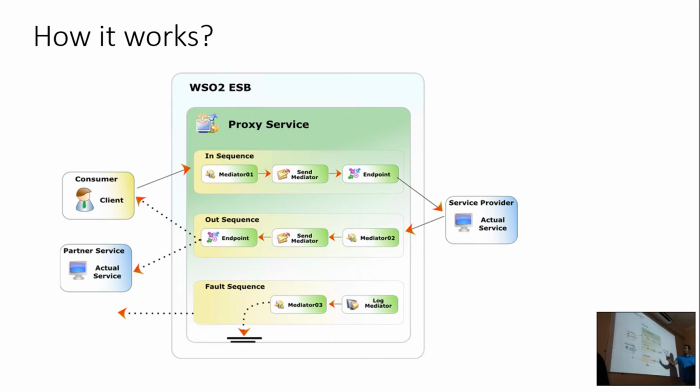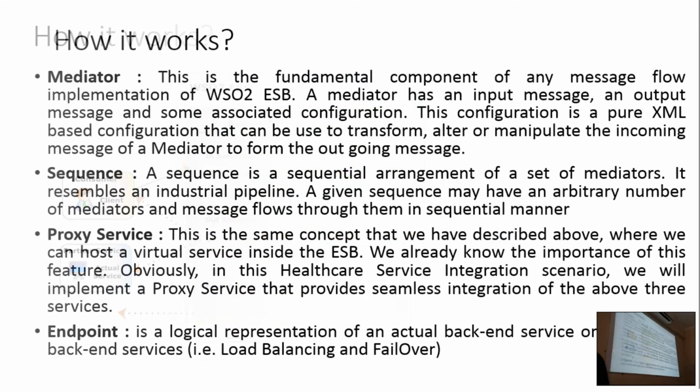It says the first mediator should execute first, the second mediator should be like this. Likewise, you can configure the order of the mediators to be executed in a sequence. The other important attribute is called the proxy service here.